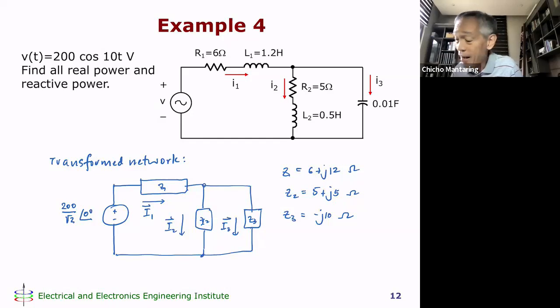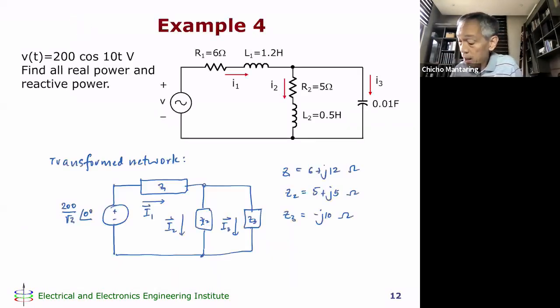One is nodal analysis. You apply nodal analysis to this node, using this node as a reference, set up your nodal equations, and then you can compute this voltage. Once you know this voltage, I1 is 200 over the square root of 2 at angle 0 minus this voltage over Z1, I2 is this voltage over Z2, and I3 is this voltage over Z3. Anyway, here are the answers. You can just do this on your own.